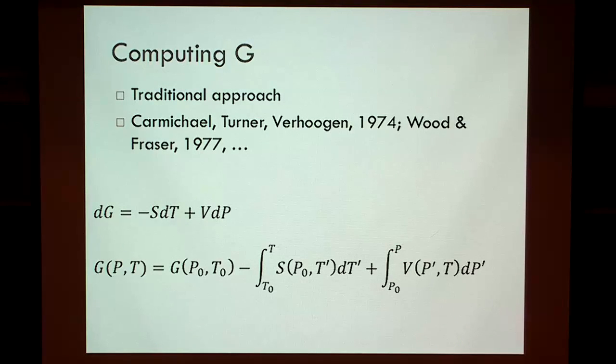And again, one of the things that's nice about this, most applications in material science and engineering, in geology, tend to be at either 1 bar or at relatively low pressure. And so this integral is mostly about this term here. And the nice thing about this approach is that the entropy is often measured.